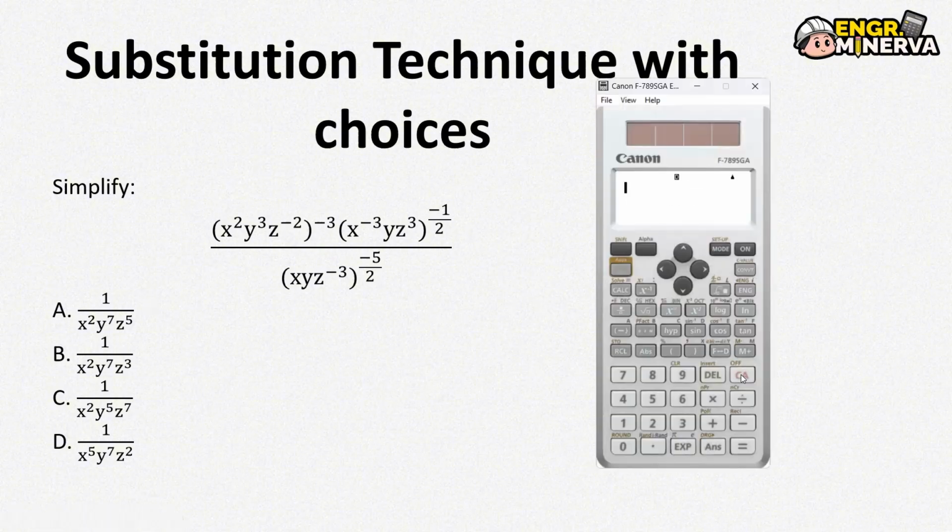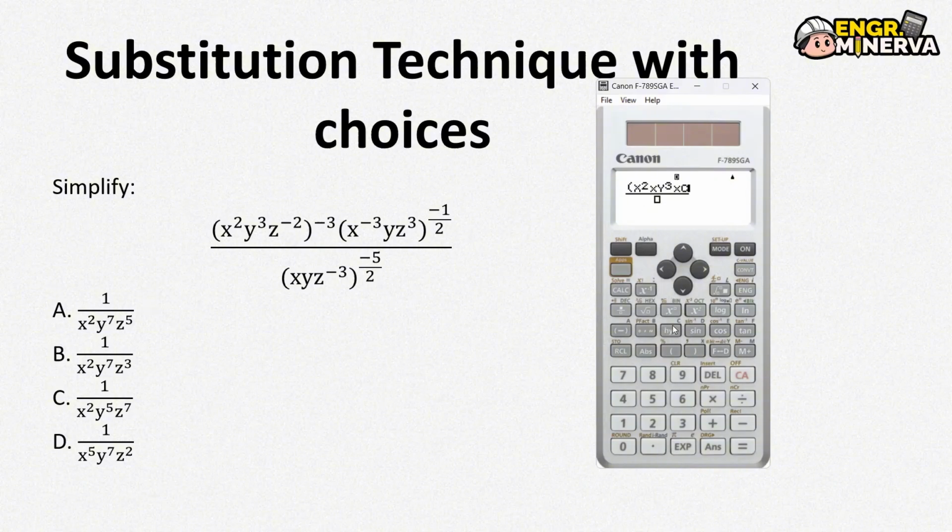So with that, we will input the whole equation in our calculator. Take note. First, we input x squared, then multiplied by y cubed. Take note that there is no z in the letters, so we can use any letter to substitute z.